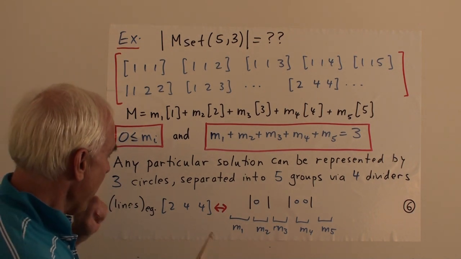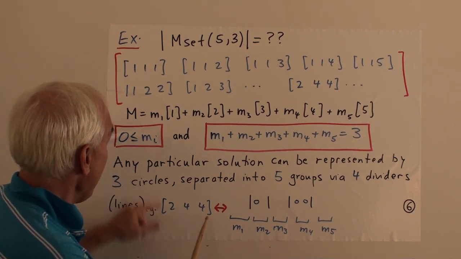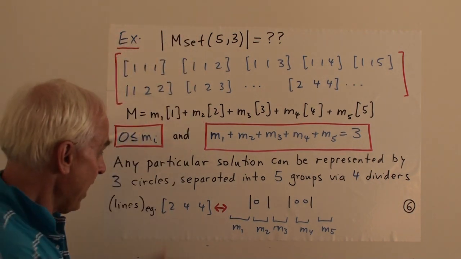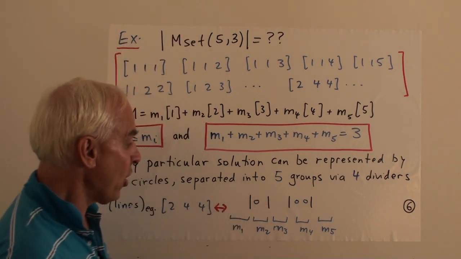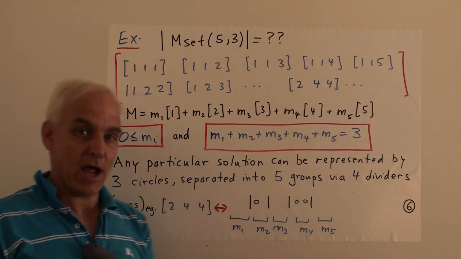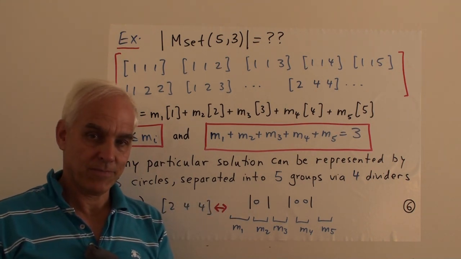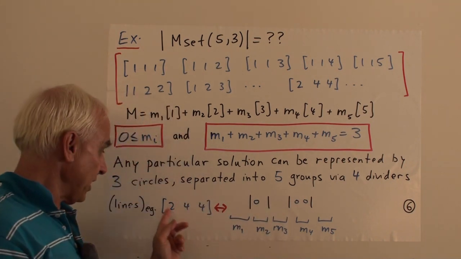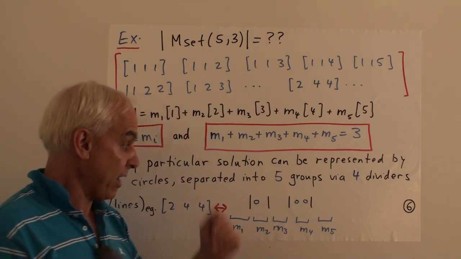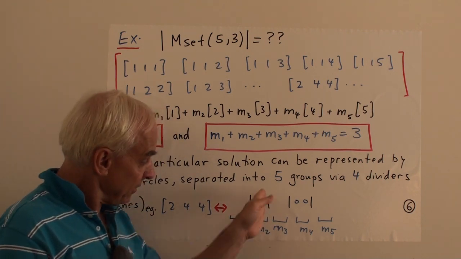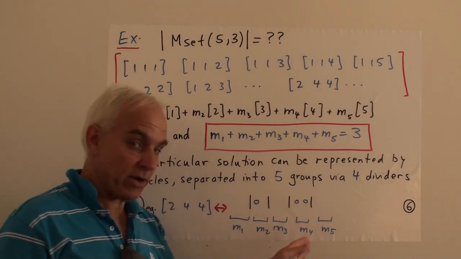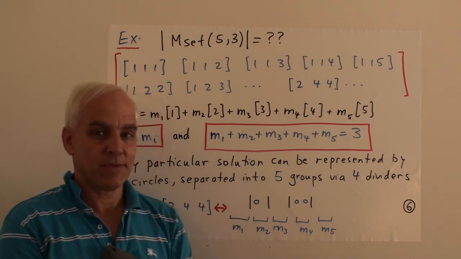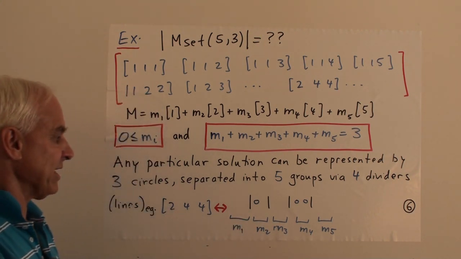So this is a way of associating to a particular MSET of the kind that we're interested in a particular configuration of circles and lines. In fact, this configuration has exactly 3 circles representing the 3 entries and 4 lines representing the divisions or the separators between these 5 different multiplicities that we're interested in.